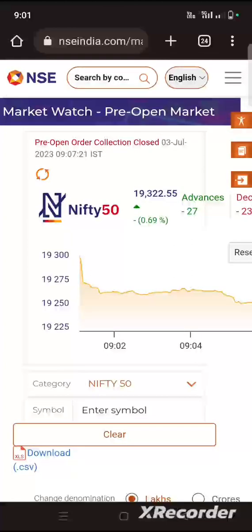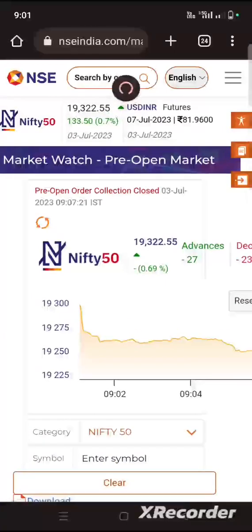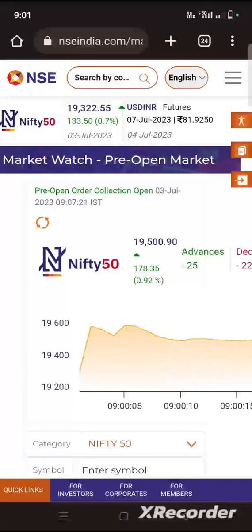It will start from 9 o'clock, but on the website we can see the details at 9:03, 9:04, like that. So here you can constantly refresh it to get the data.